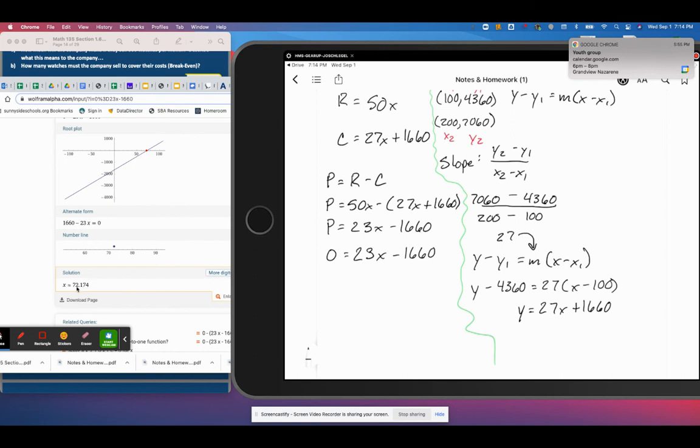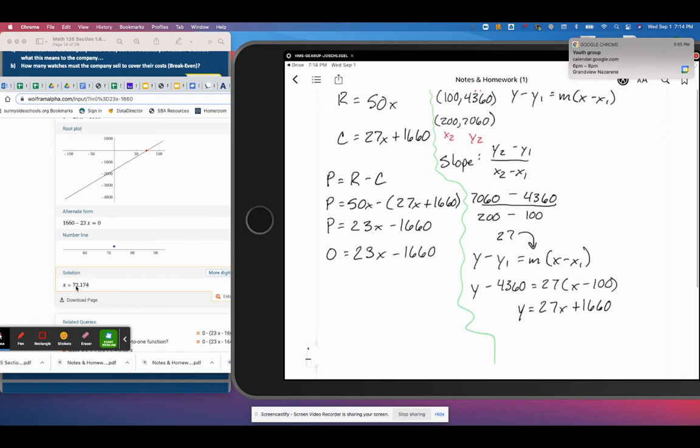I need to sell enough sweatshirts in order to make enough money to pay off my fixed costs. So we're going to round up, and X is the number of sweatshirts to sell to break even.